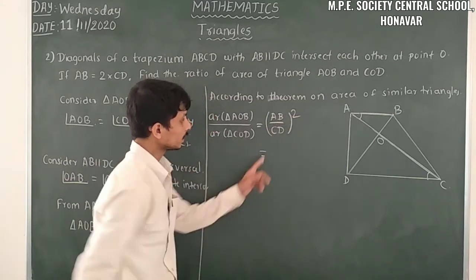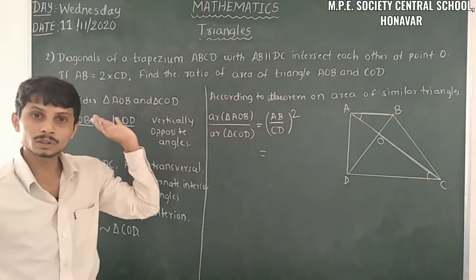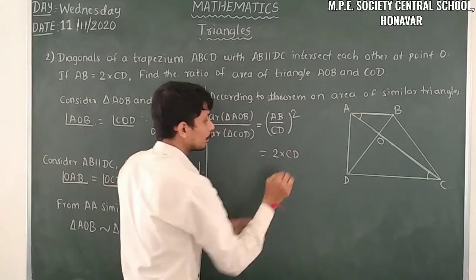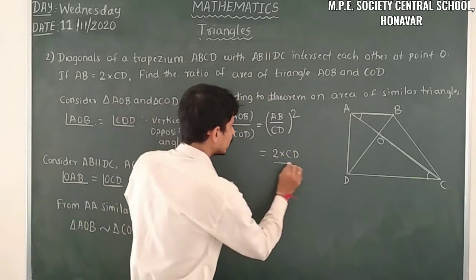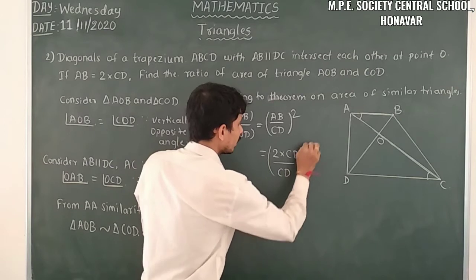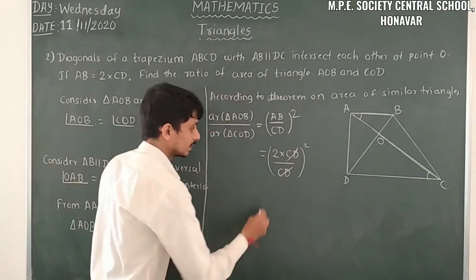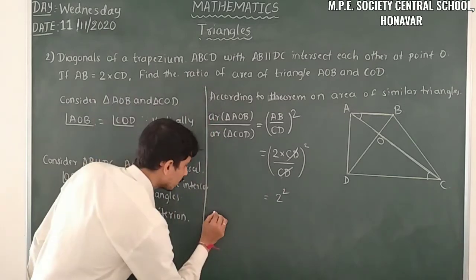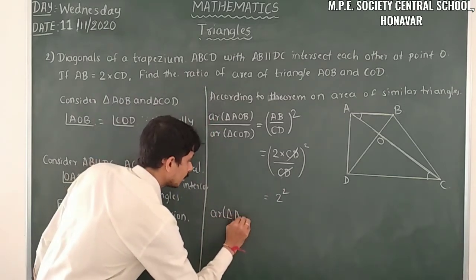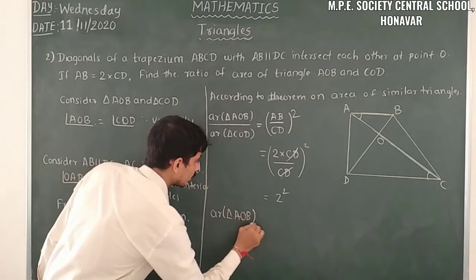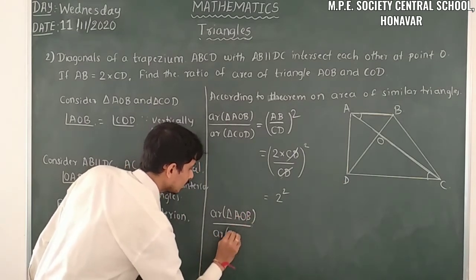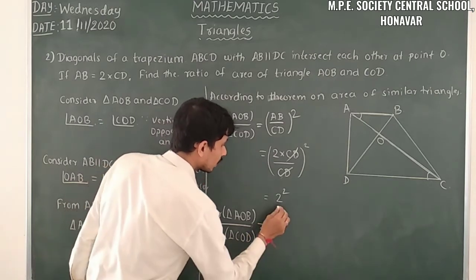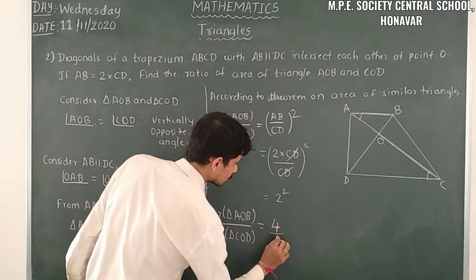We know that AB is equal to 2 into CD. In place of AB, I will write 2 into CD, divided by CD whole square. Here CD and CD get cancelled, which is equal to 2 square. So the area of triangle AOB divided by the area of triangle COD is equal to 4, which I will write as 4 by 1.